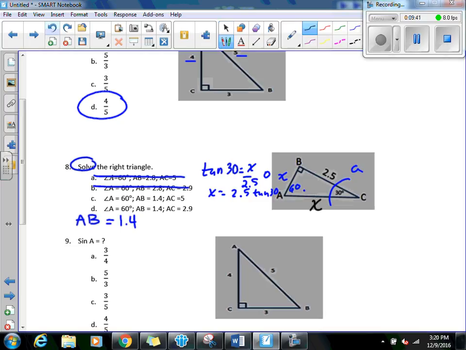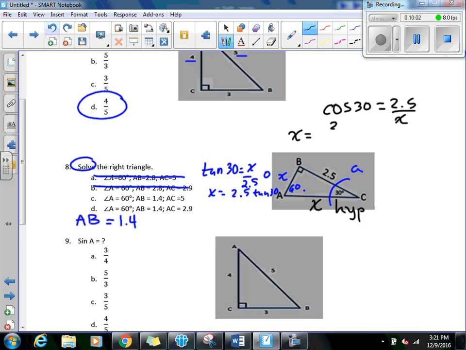And so I'm going to now call this the hypotenuse because that's what it is. And this is still adjacent. So that would be the cosine of 30 degrees equals the length of the adjacent side, which is 2.5, over the length of the hypotenuse, which is x. X is on the bottom, so I'll divide.